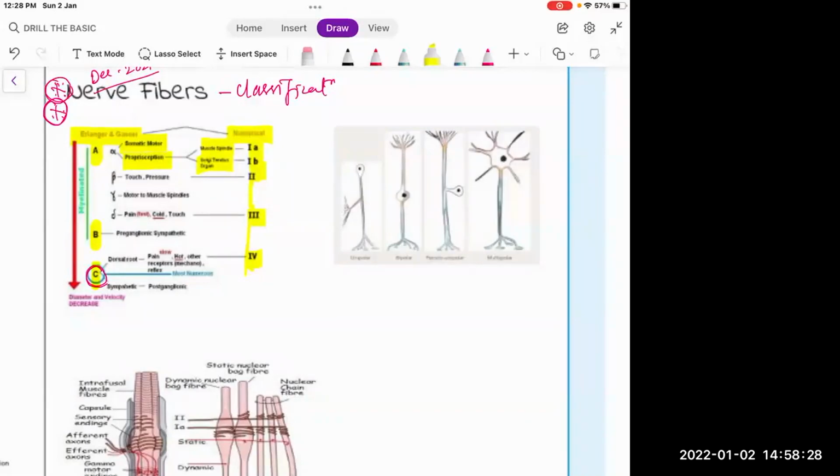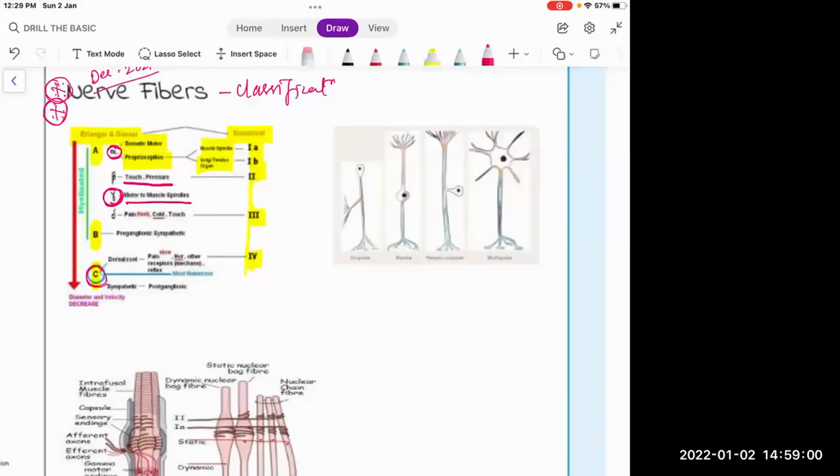And then next is the A beta fibers, which are meant for touch and pressure. The touch and pressure sensation is by the A beta fibers, followed by gamma, which is the motor response to the muscle spindle, whereas alpha is sensory to the muscle spindle. Always in most places we study gamma motor neuron, gamma motor neuron.